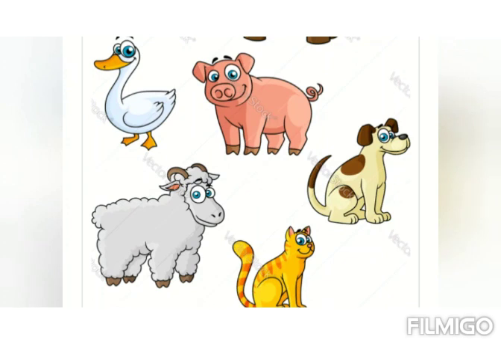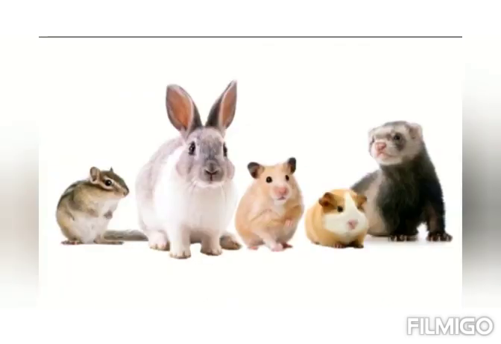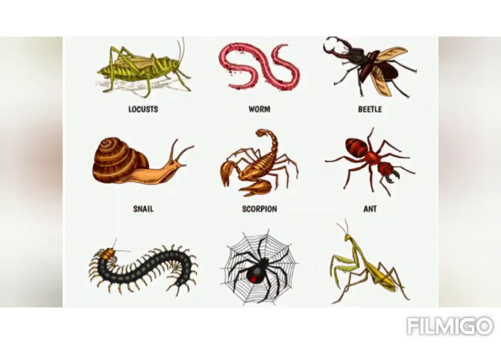Animals who are medium in size, for example duck, sheep, cat, dog, pig, etc. Small size animals, for example rabbit, squirrel, mouse, hamster, etc. There are animals which are very small in size. For example, snail, scorpion, ant, spider, grasshopper, etc. These are the smallest animals we see around ourselves.